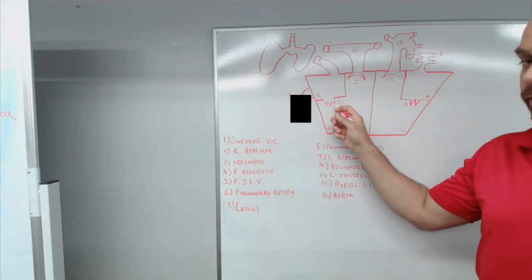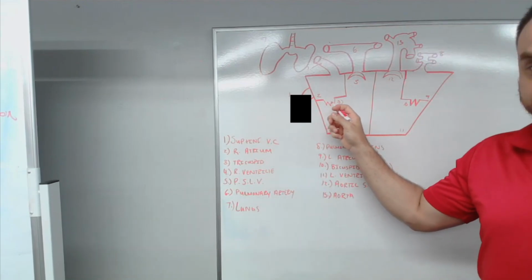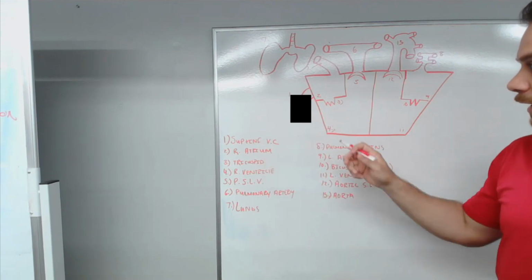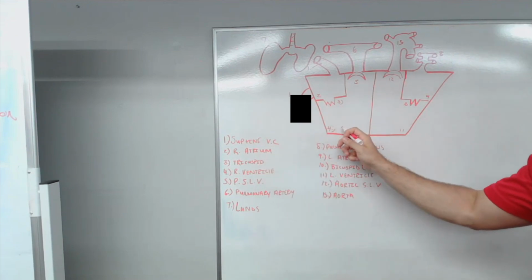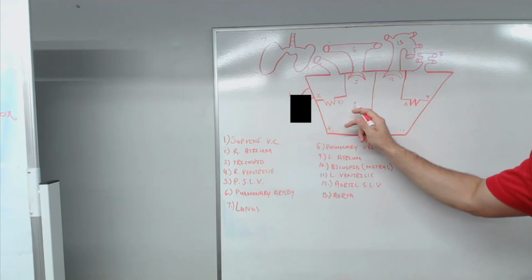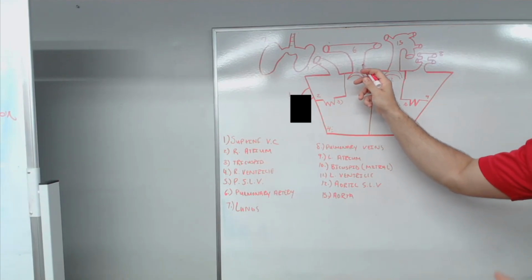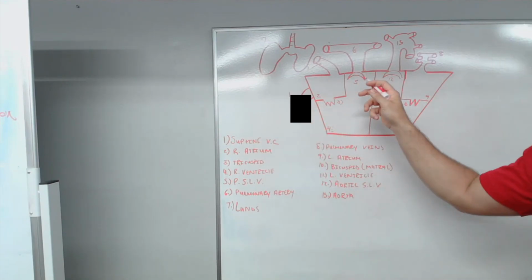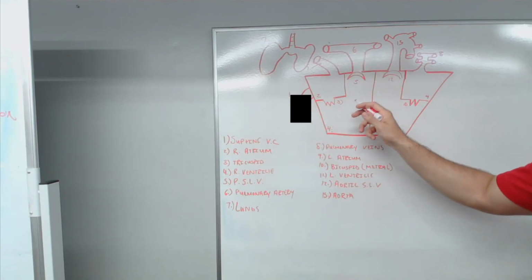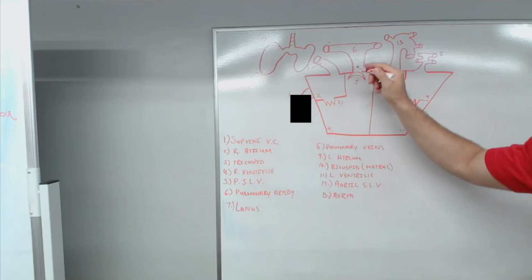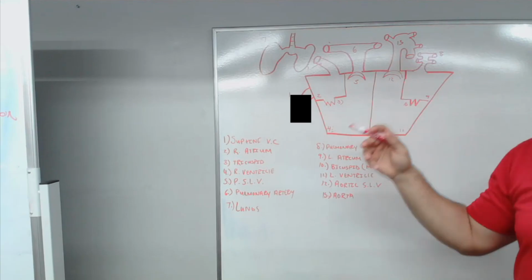We passed through our first atrioventricular valve, known as the tricuspid valve, which then leads us into the right ventricle. And then we pass through our first semilunar valve, which happens to be between the ventricle and the pulmonary artery. So we have the pulmonary semilunar valve. And then now the blood cell is in the pulmonary artery.